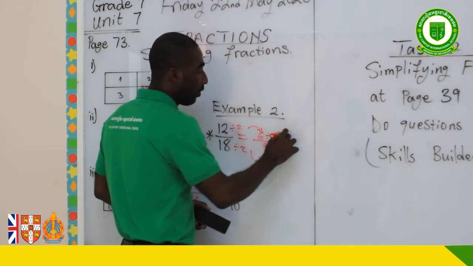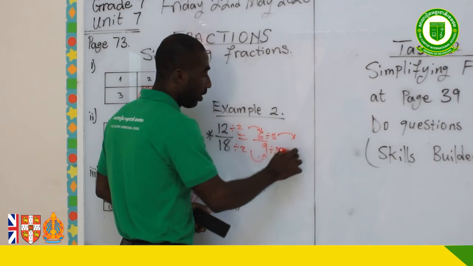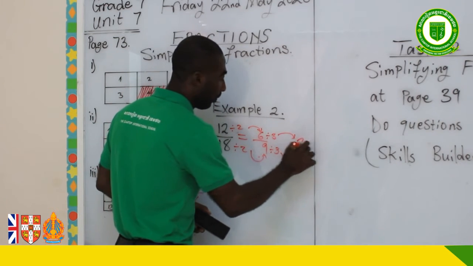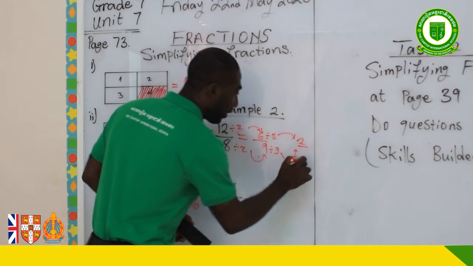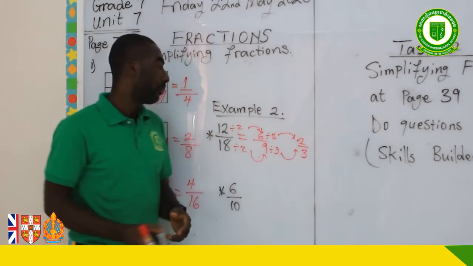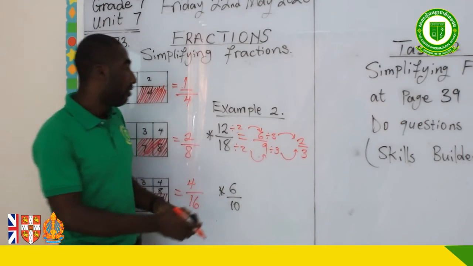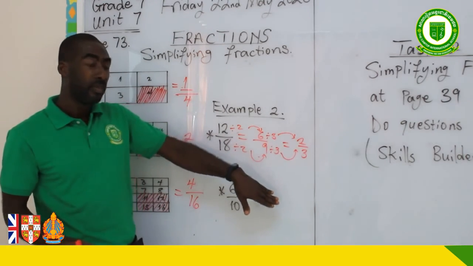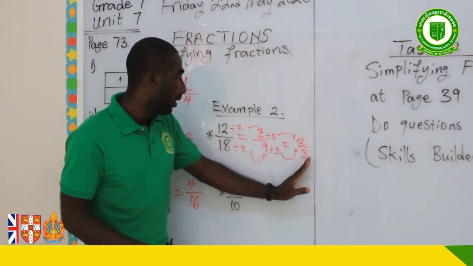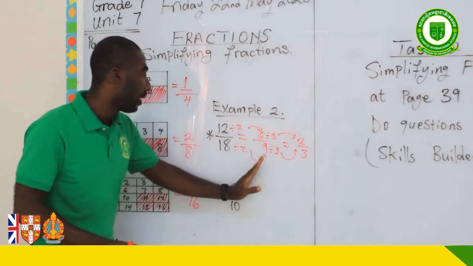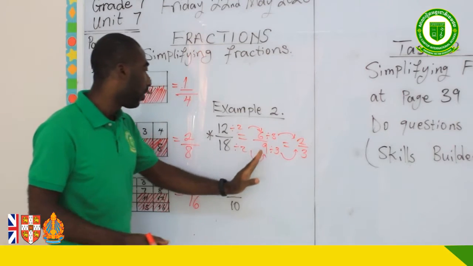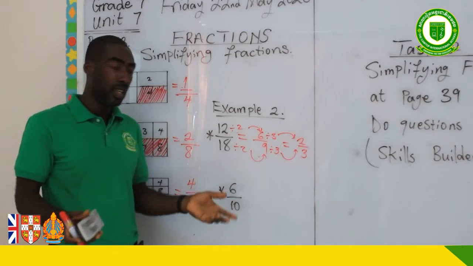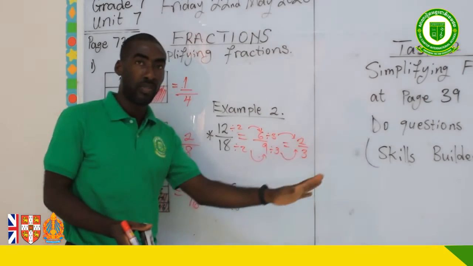So our new value here and our new value here: this will give us 2 and this will give us 3. So we will have 2 over 3. 2 over 3 is equal to 6 over 9 and it's also equal to 12 over 18. It's the same. They are all equivalent.